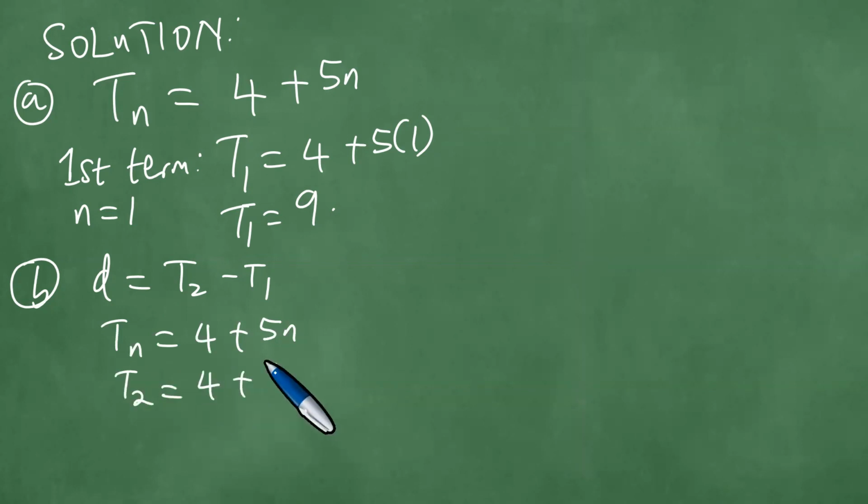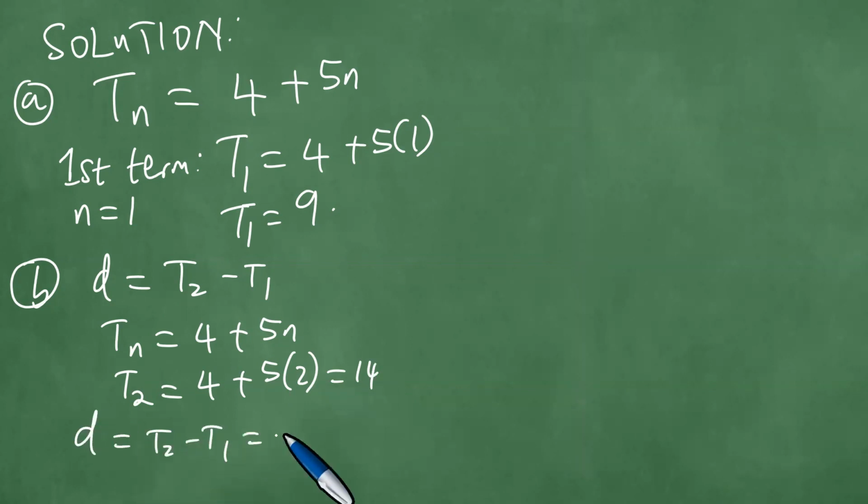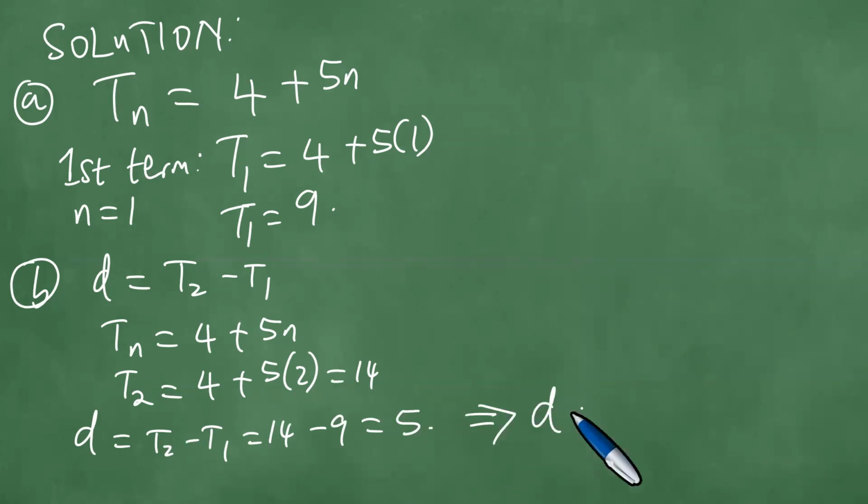It's 4 plus 5 times 2. 5 by 2 is 10 plus 4, 14. T2 is 14 minus T1, 14 minus 9. It's 5. This means that D equals 5 is the common difference.